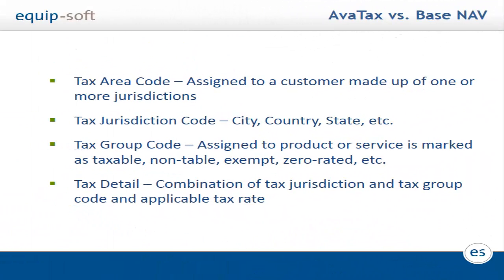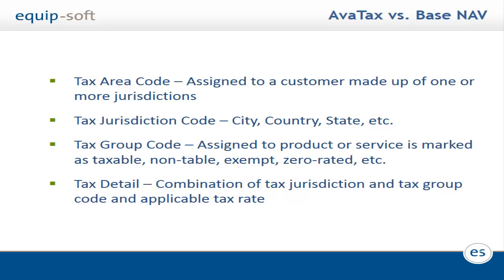So what does AvaTax versus base NAV really do? And what's the comparison? Typically today, a customer, and by the way, a vendor as well, I'm just talking about sales at this point, is attached to what we call a tax area code. A tax area code is made up of one or more jurisdictions.